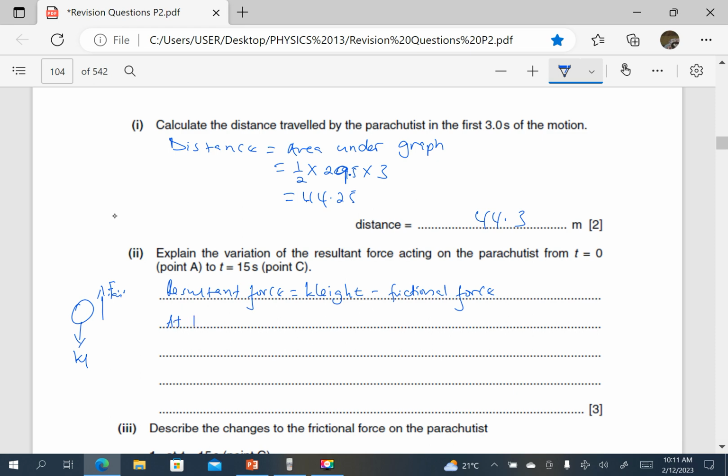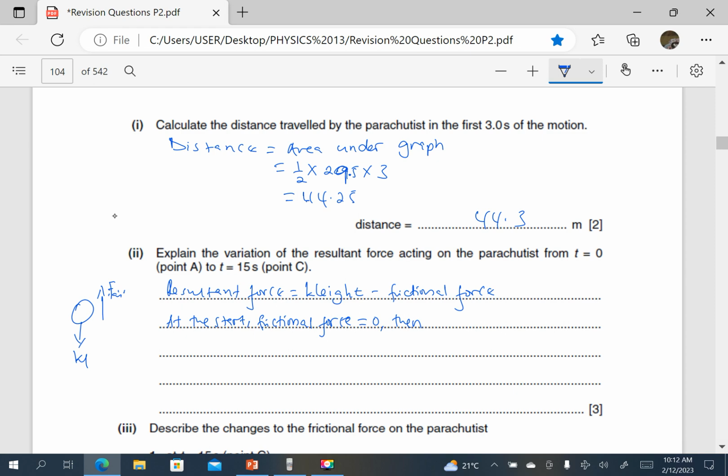At the start where V is 0, the frictional force is equal to 0. Then frictional force starts increasing.